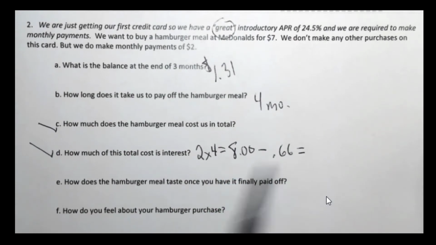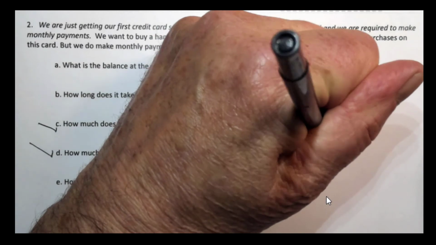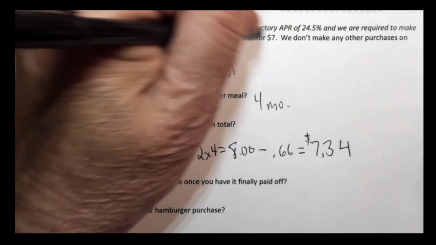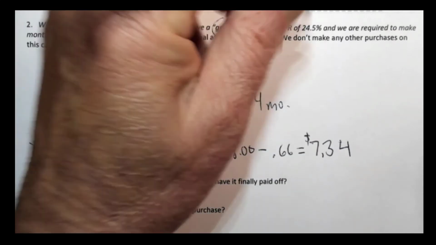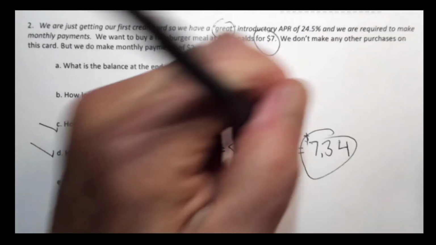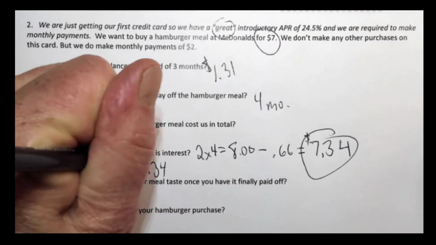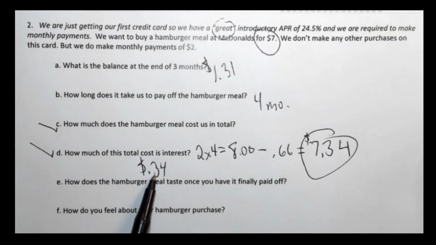So by subtracting that, we're going to get $7.34, I believe, if I did my math correctly. My total interest will be, well, you paid $7 for the meal, and you pay that in total, so it's going to be 34 cents in interest.